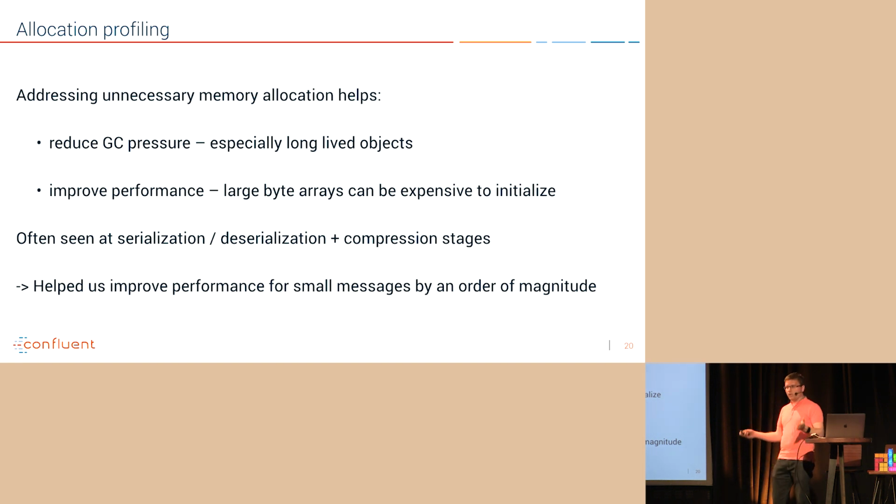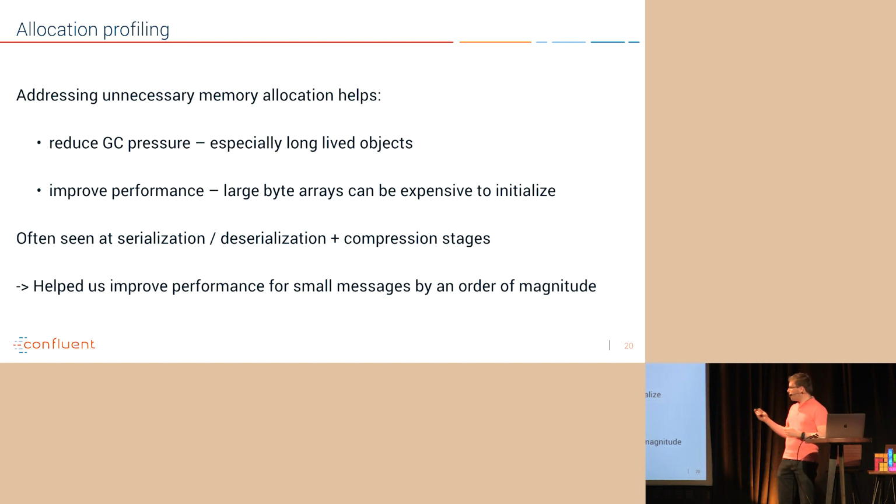If you're creating a lot of large byte arrays, let's say a 64 kilobyte decompression buffer with every single iteration, that can actually take a long time to create, because all that memory has to be initialized to 0. If you are able to change your code and reuse the buffers, that can help improve performance quite a bit.